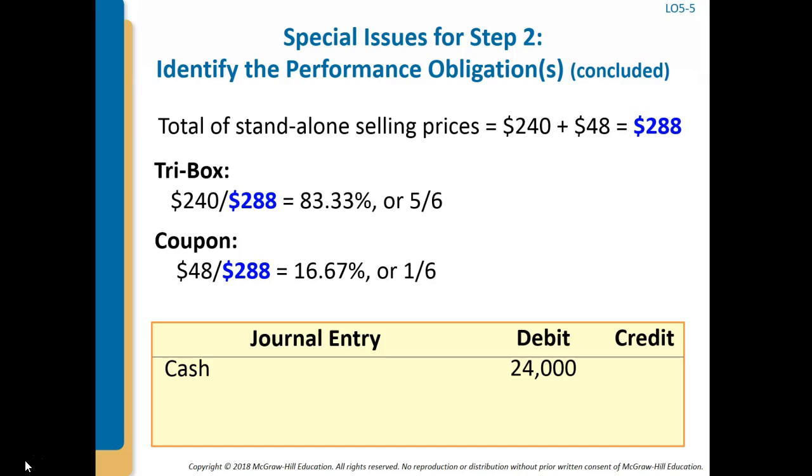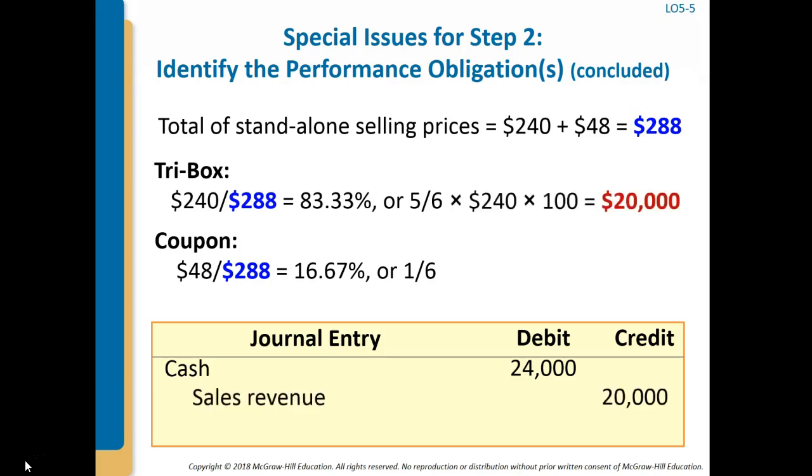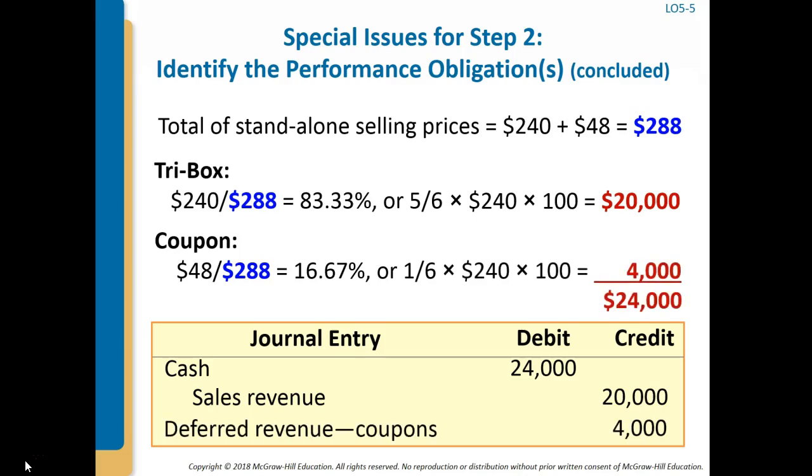And the coupon comprises 1/6 or 16.67% of the total. So TrueTech allocates 5/6 of the $240 transaction price to the try-box module and 1/6 to the coupon.